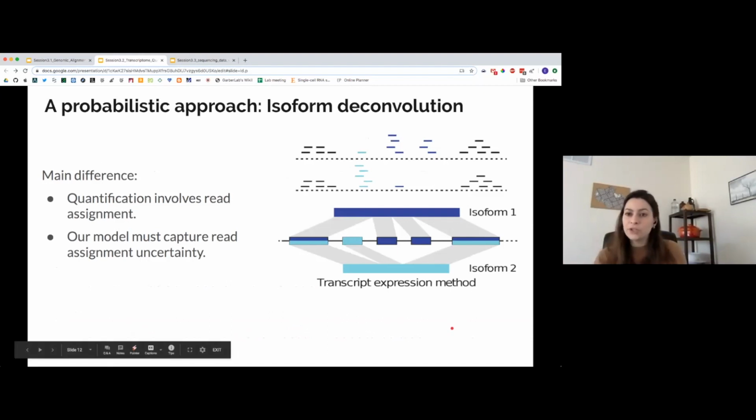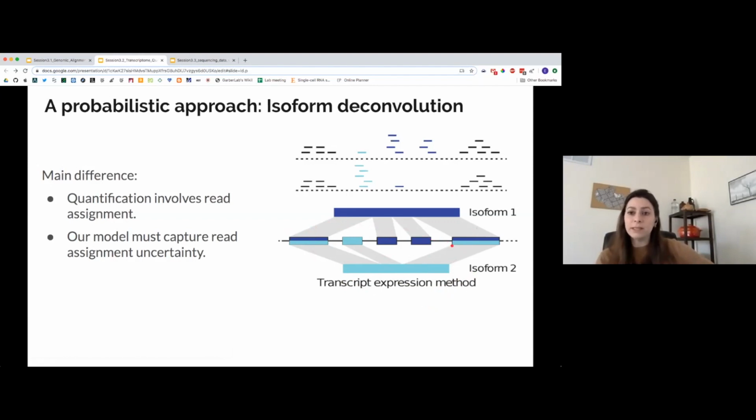The better approach, used by RSEM and several other methods that try to do transcript quantification, is a probabilistic method of isoform deconvolution. The transcript expression method tries to determine which transcript these reads originated from.